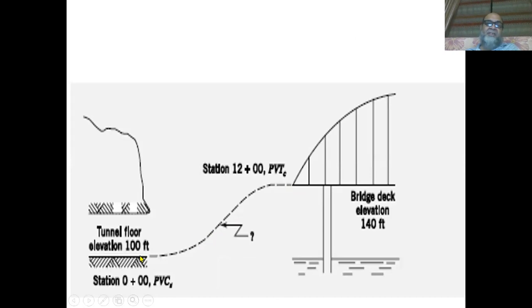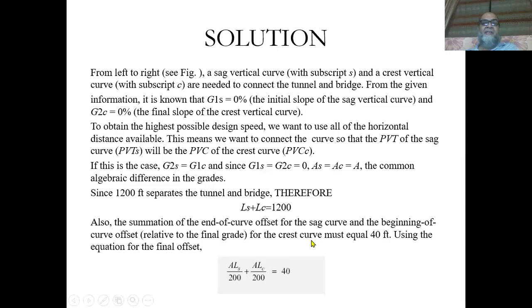If I add G2, and G2 is 0, then A is G1 plus G2, and this becomes A because G2 is 0. Similarly, for the crest curve, again A is G1 plus G2, and again G2 is 0. So that's why the absolute values of the sums for the sag curve as well as the crest curve are equal. So we say AS is equal to AC.